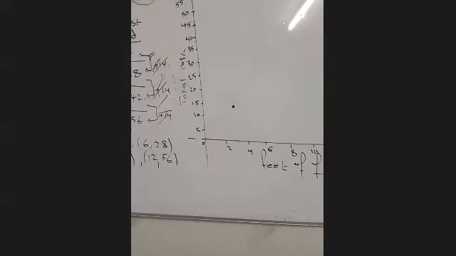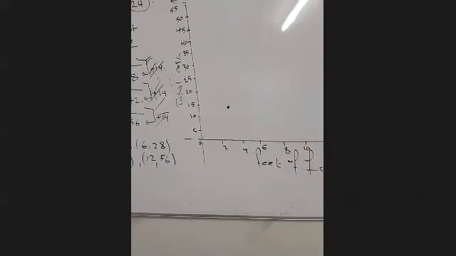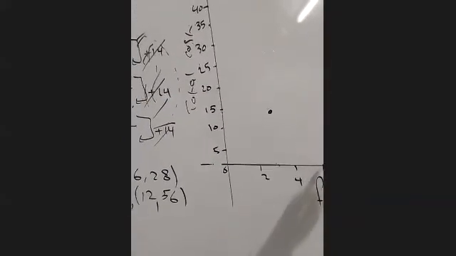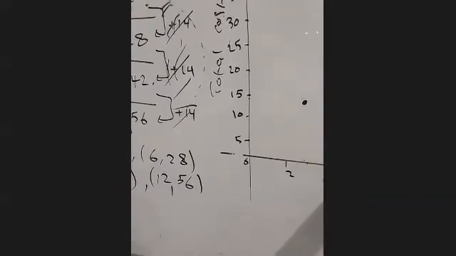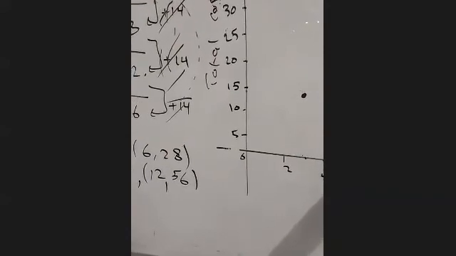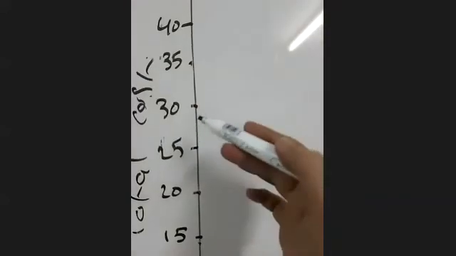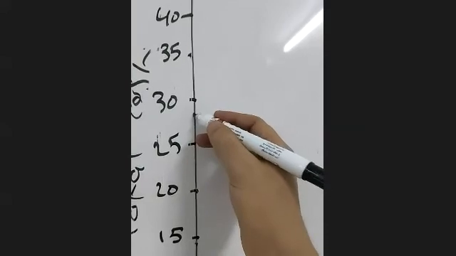Where is the 6? In X or Y? X. In X, this is 6. It already exists here. Then we'll go up until we get what? Between 25 and 30. Sorry, there is no 28. It's between 25 and 30, but it's close to 30, thank you, Jad.